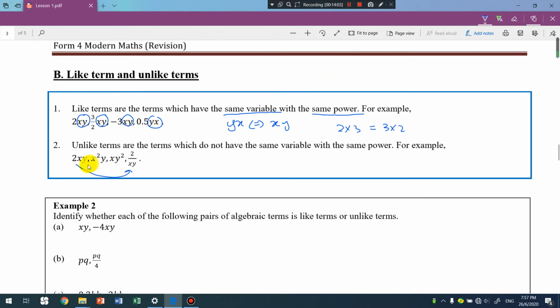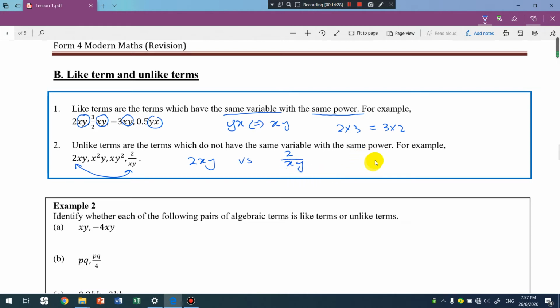You have to be careful for this one. 2xy, 2 over xy. You might think that it's the same variable x and y, same power, x power 1, y power 1. So they are like terms? No, they are unlike terms. Why? In Form 3, first chapter, I think you learned about indices.